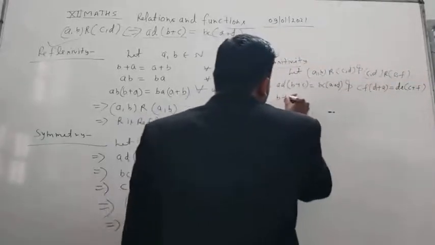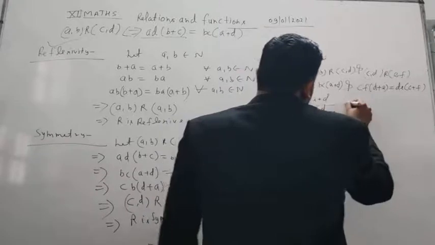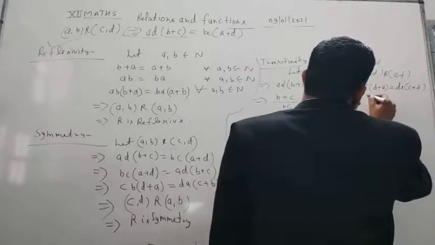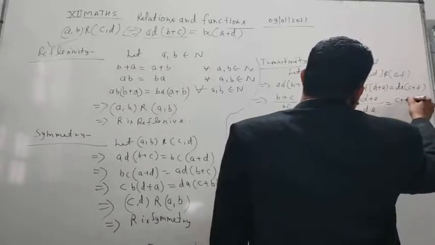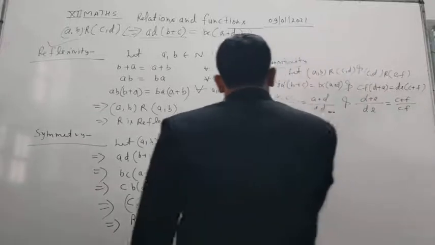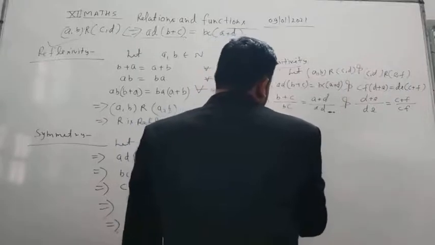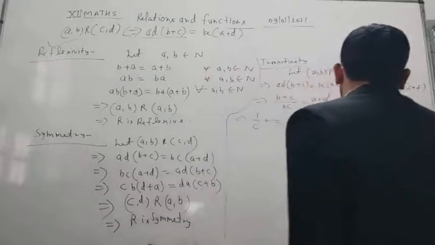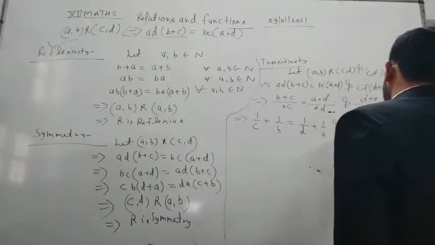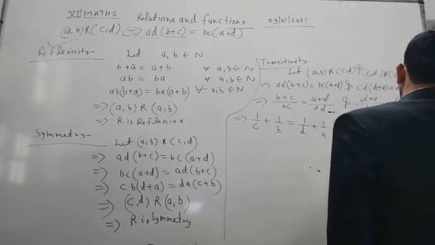Now we write (B + C) by BC and (A + D) by AD, and (D + E) by DE and (C + F) by CF. Separating these, we get 1/C + 1/B = 1/D + 1/A, and 1/E + 1/D = 1/F + 1/C.